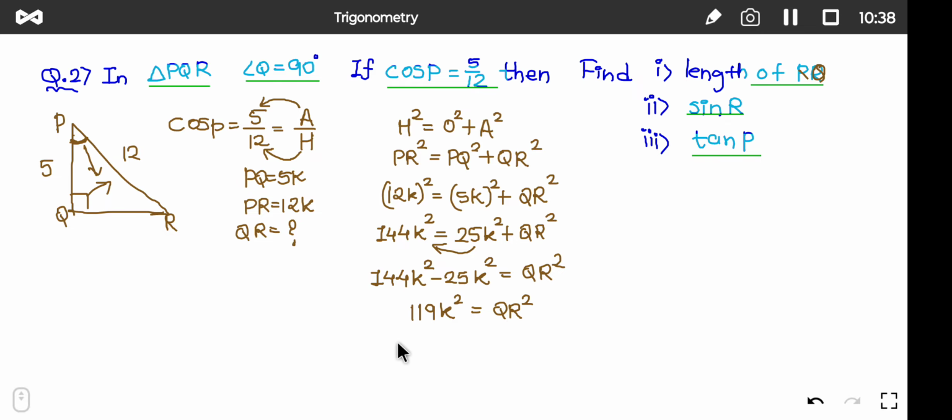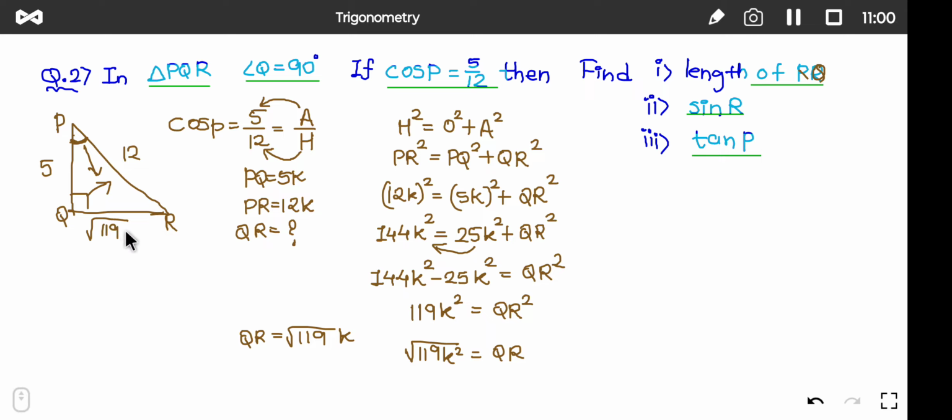So if we take square root on both sides, we will get square root of 119k square is equal to QR. Square root of QR square, which is QR. So the value of QR is nothing but square root of 119 and square root of k square, which is k. So the value of QR is nothing but root 119k.